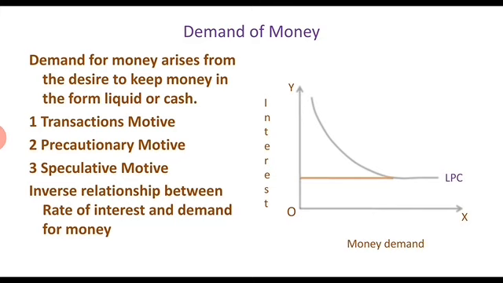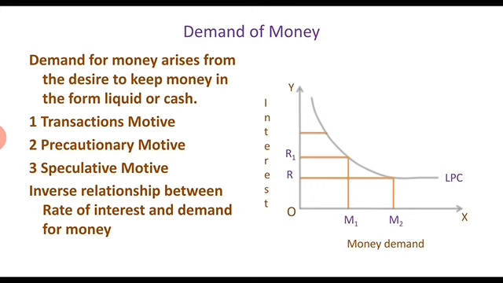When the rate of interest is OR, demand for money is OM. The rate of interest increases from OR to OR1. The demand for money decreases from OM to OM1.